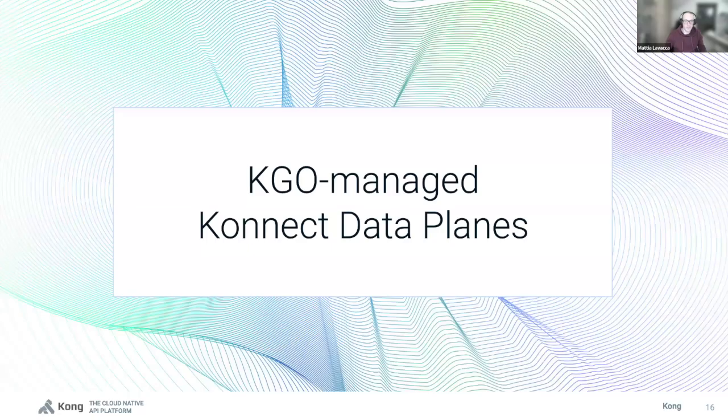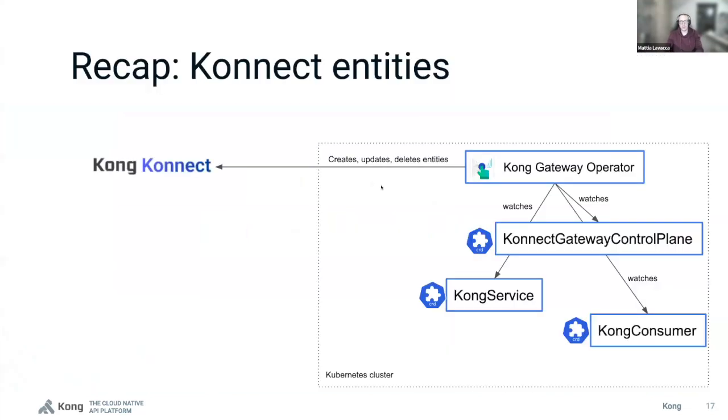Okay. So, as you probably remember, Patrick started his demo section by showing a diagram of the Konnect entities managed by the Kong gateway operator, right? This was the diagram. So in the scenario that we had in our demo, we had the Kong gateway operator that reconciles a gateway control plane, Kong service, Kong consumer, routes, plugin, and so on and so forth.